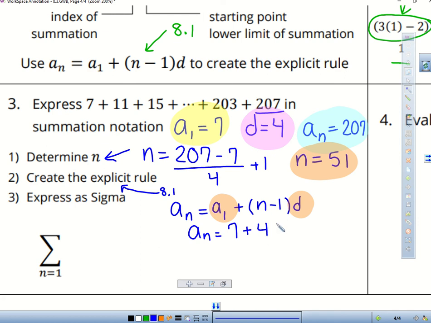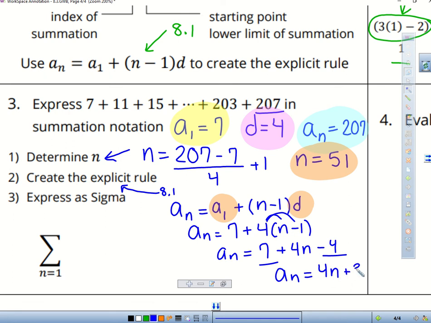I'm going to write the d out front because it's just easier to distribute. Now I'm going to make this as simple as I can by distributing. This is the first thing we did in 8.1. And then I'm going to combine like terms. So I get the rule to be 4n plus 3.